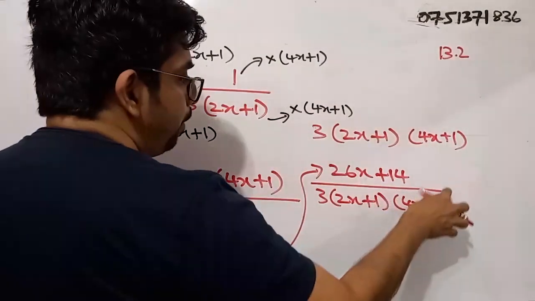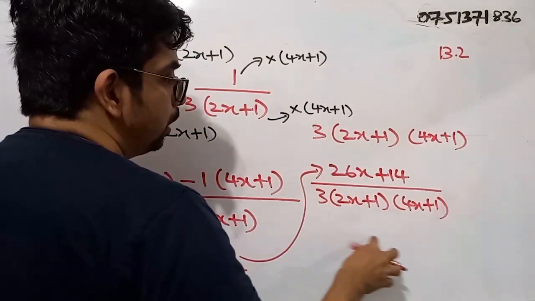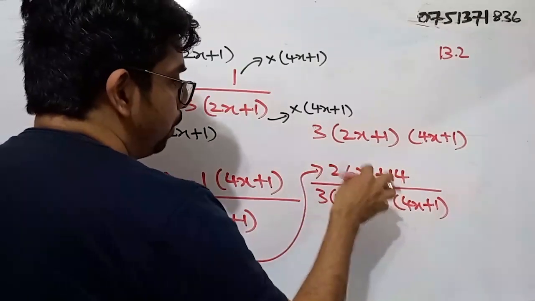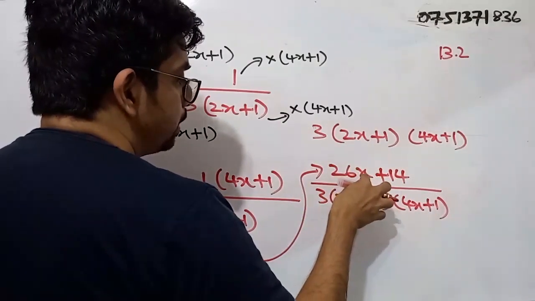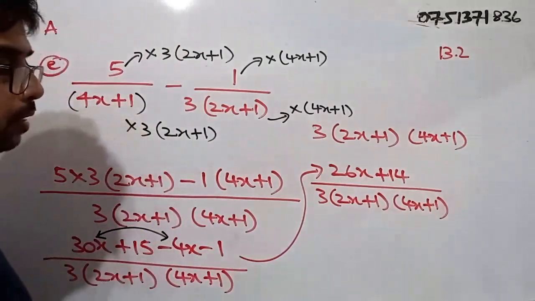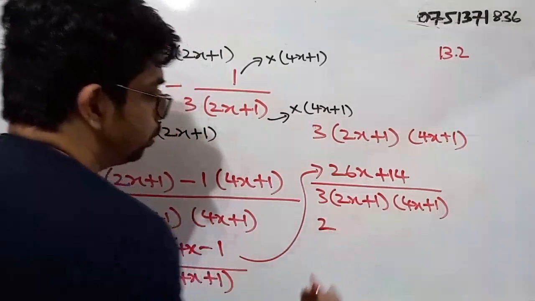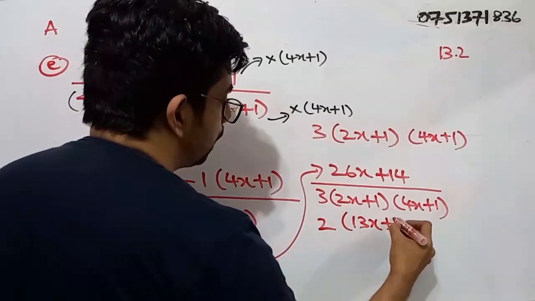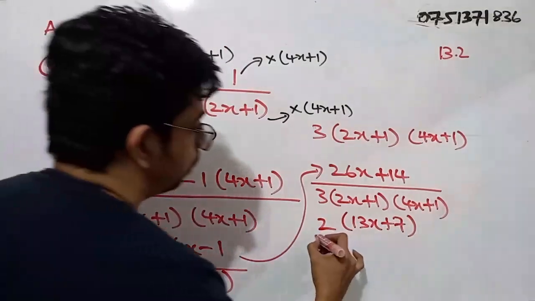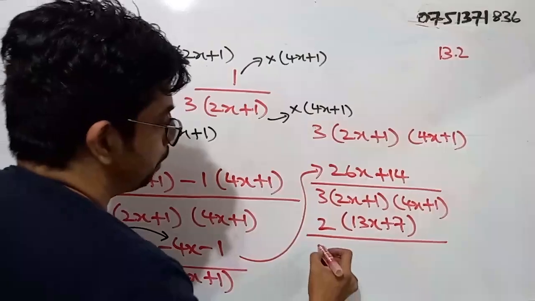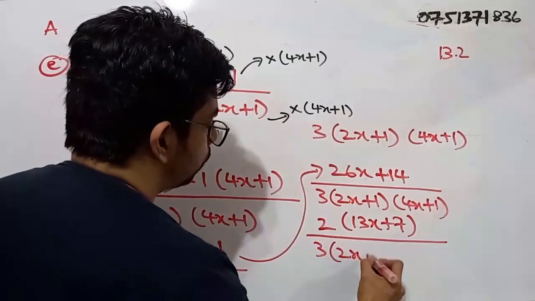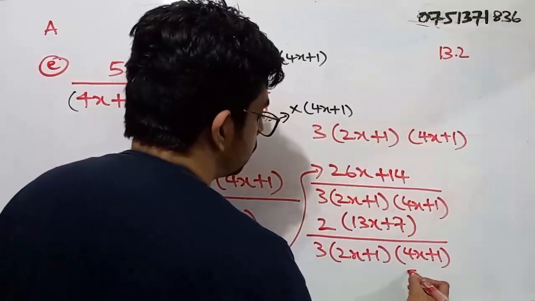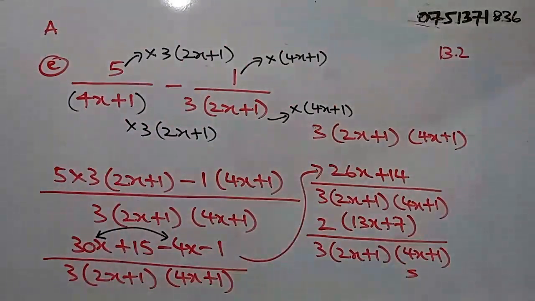So if we take a very closer look at this entire expression, we can see that we can factorize 26x plus 14, right? So we can select 2 as a common factor. What goes inside? 13x plus 7. Now this entire expression must be divided by what? 3 into 2x plus 1 and 4x plus 1. So that will be the final answer.